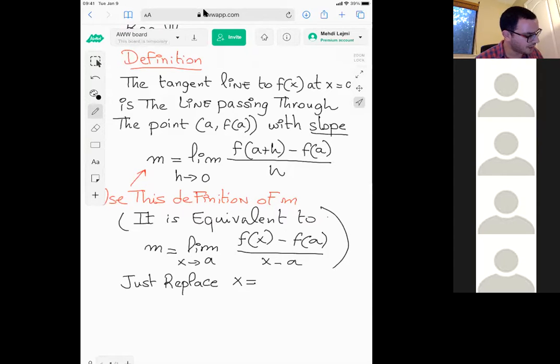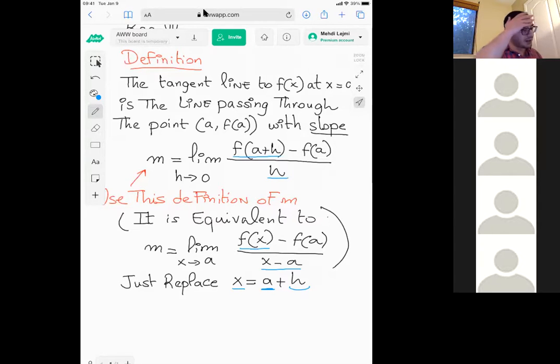If you replace x by a plus h, then f of x would be f of a plus h, and x minus a would be a plus h minus a, which is h. And if x approaches a, then h would approach 0. So both definitions are equivalent.